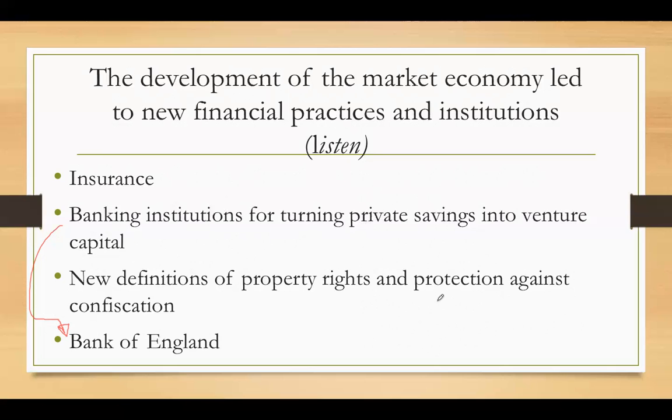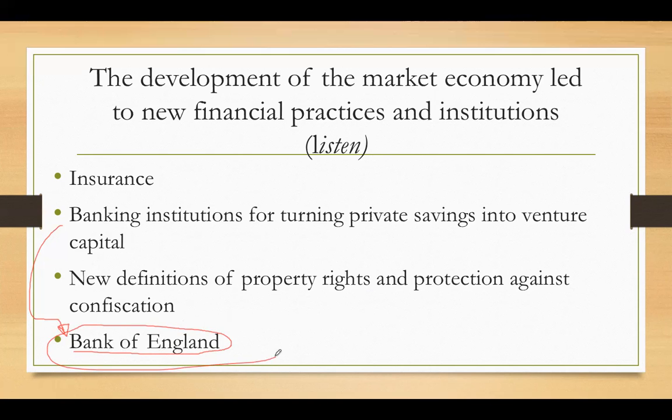Venture capital meaning, hey, I'm going to invest in something having to do with the colonies, or I'm going to invest in these early precursor inventions, canal building, railroad building of the Industrial Revolution. But also, some of these banks are now not just private banks, but we start to have banks backed by governments, i.e., one of the major ones is the Bank of England.